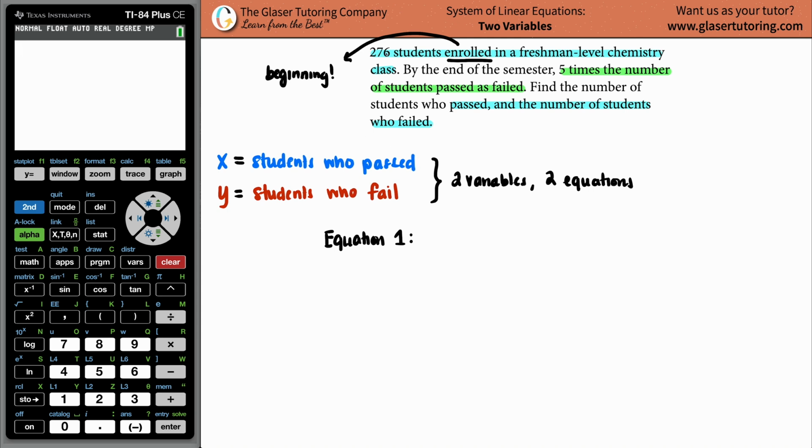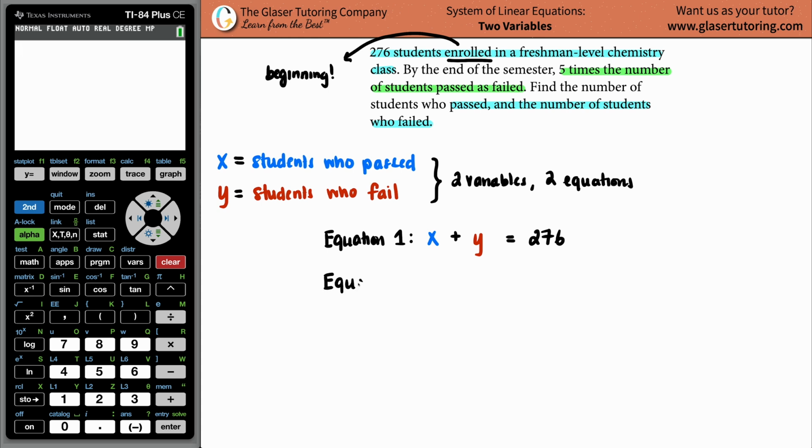So the 276 is divvied up between the students that passed and the students that failed. So if I add together the students that passed, which was X, plus the students that failed, which was Y, we should get a total of, yeah, you got it, 276 students. Equation number 1 is done.